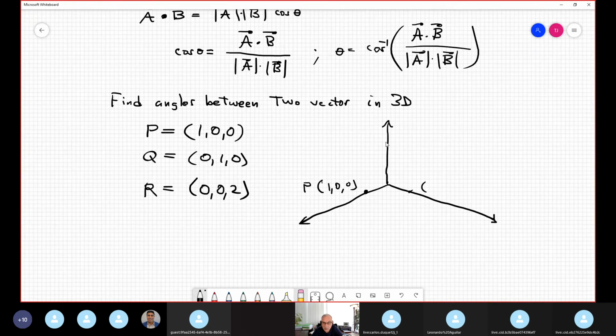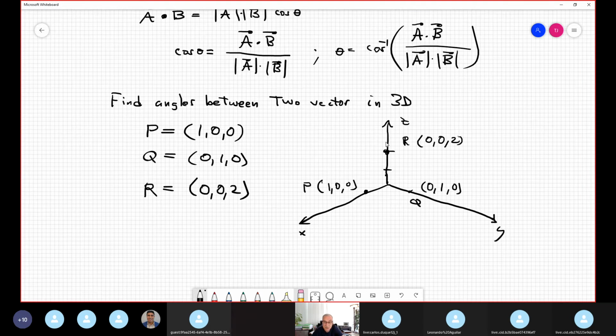And we have R, which is 0, 0, 2, on the Z-axis. This is R, the point 0, 0, 2.